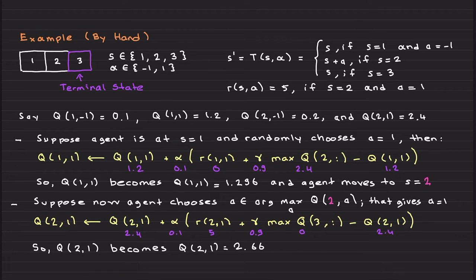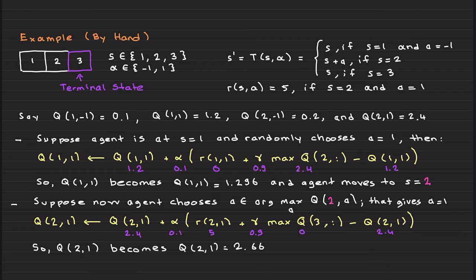If you are on the first state, go to the second state, and if you're on the second state, go to the terminal state. So the optimal policy by observation is: if you're on the first one, A is 1. If you're on the second one, A is again 1. 1, 1 is the optimal behavior here. But pretend that we don't know this and we would like to calculate it.